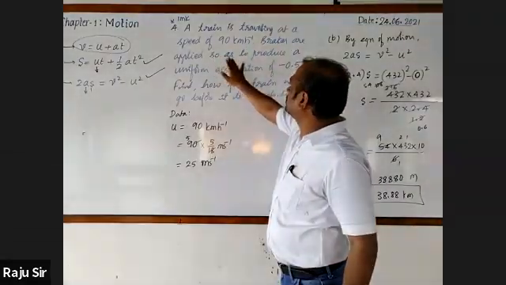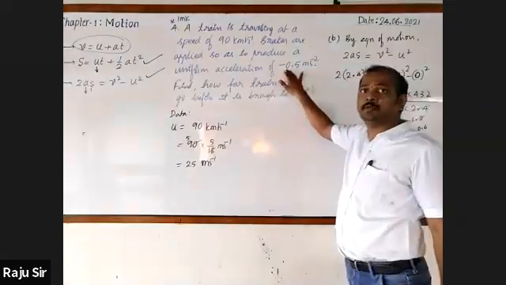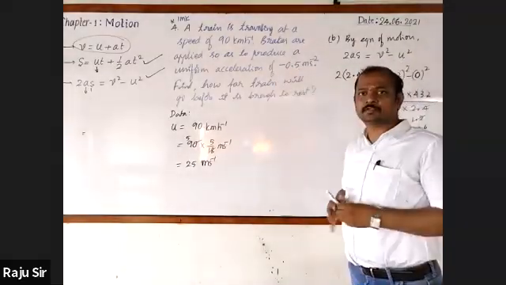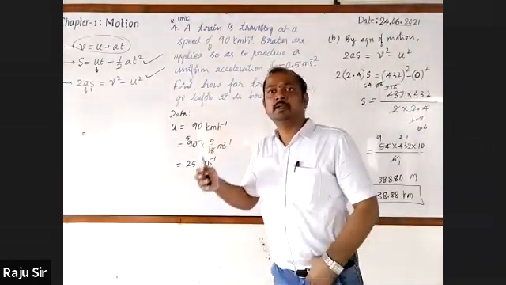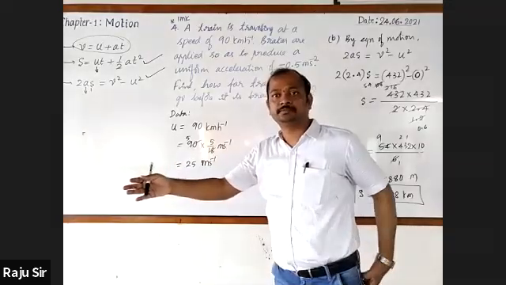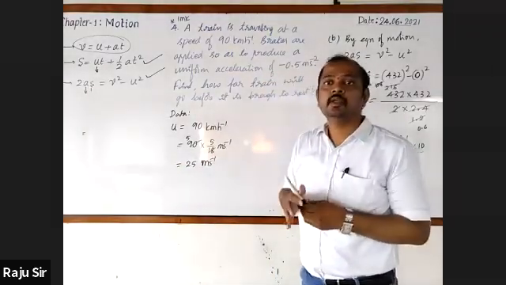Now go to this. Brakes are applied to produce a uniform acceleration of minus 0.5 meter per second square. Obviously, as the brakes are applied, the speed will go on decreasing. Hence the train will move with negative acceleration, deceleration.